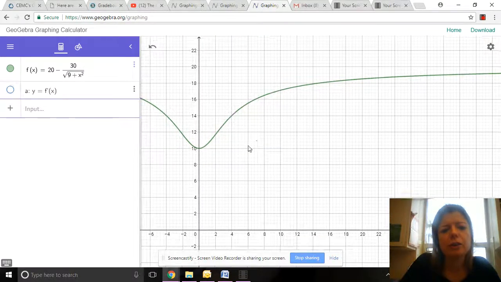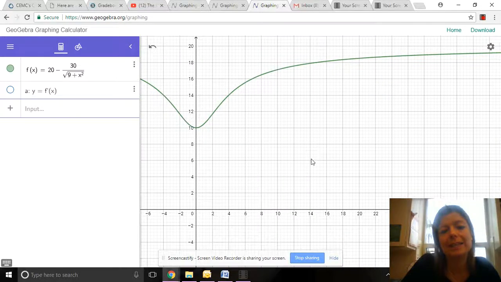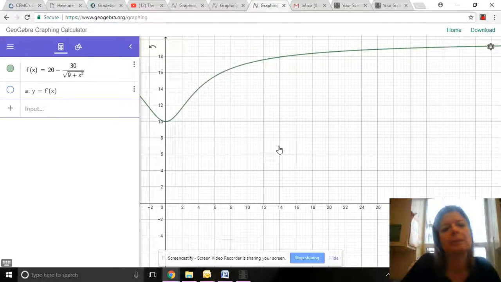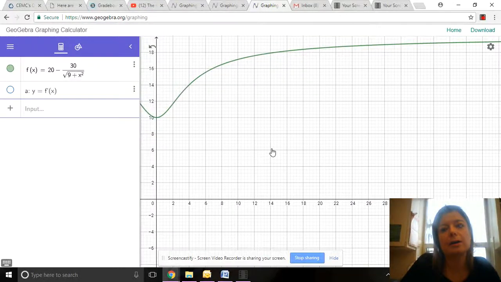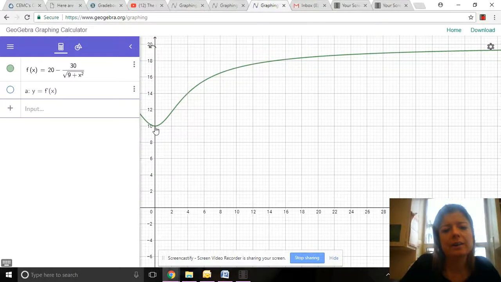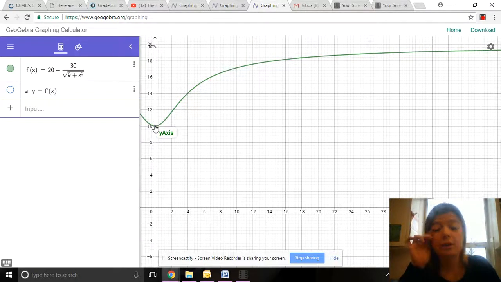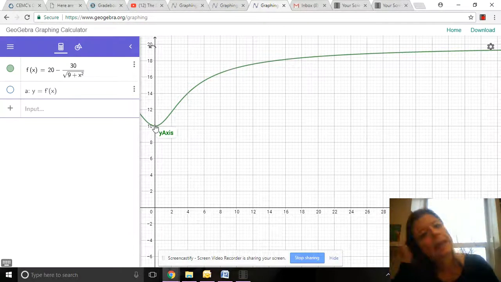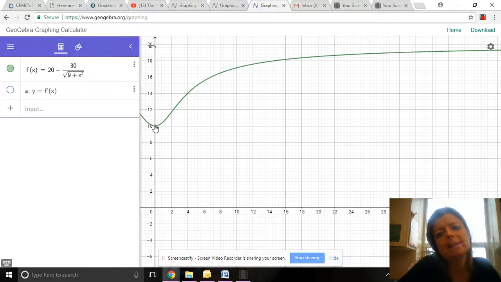First of all, I can ignore it for any values less than 0 because T is in hours, so we're only spending positive hours on the job. So notice here that the intercept is 10. So that means at 0 hours, when they just start as a new cashier, they can scan 10 items per minute.